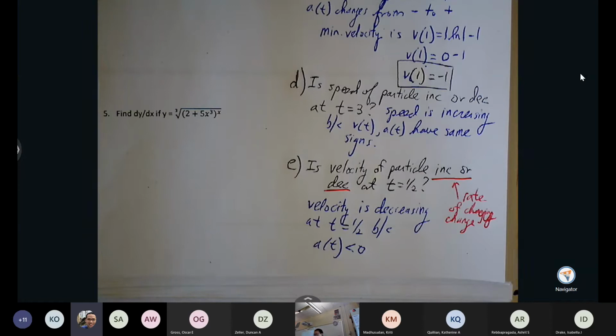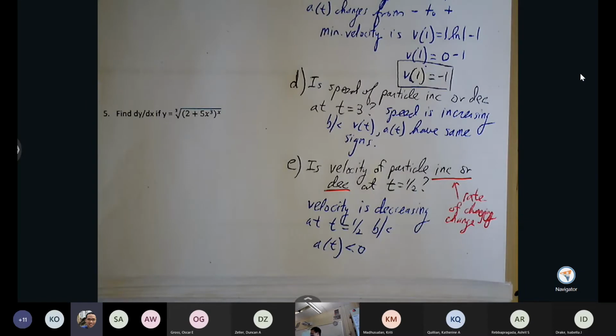Okay, let's look at number 4 and 5. Let's finish off with these two problems here, 4 and 5. Okay, does anybody still need to look at number 3?